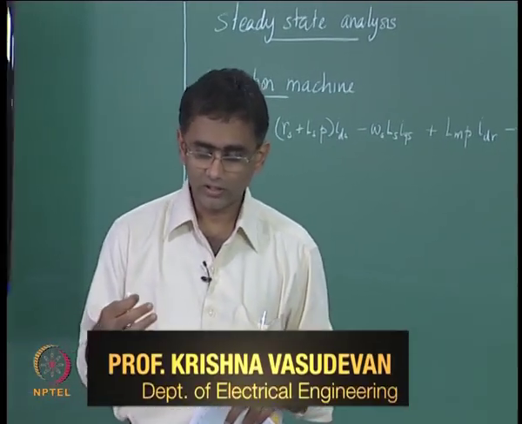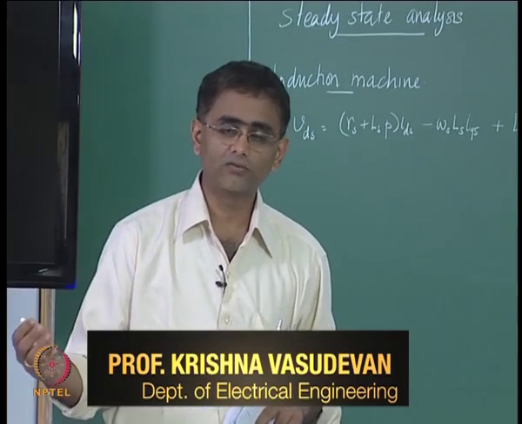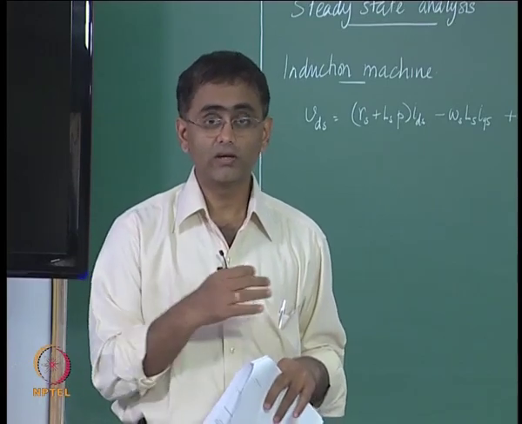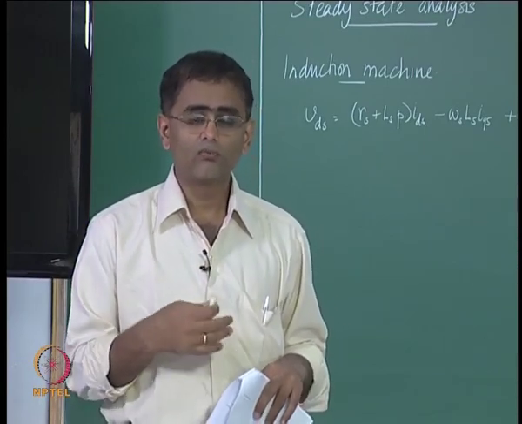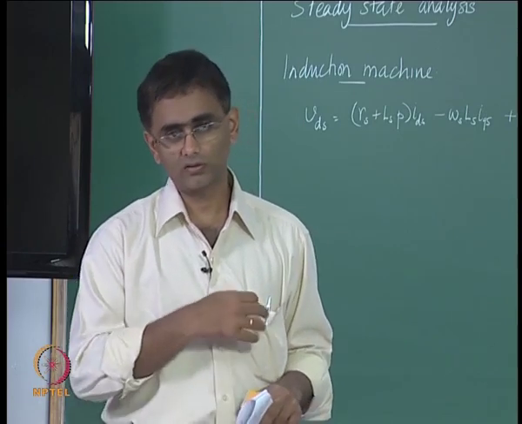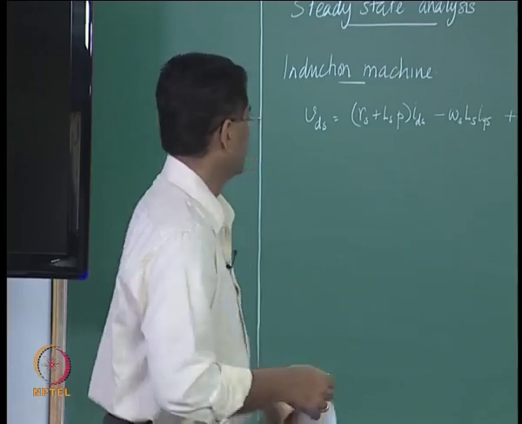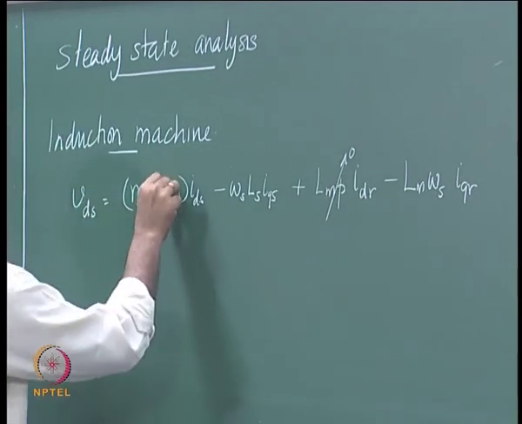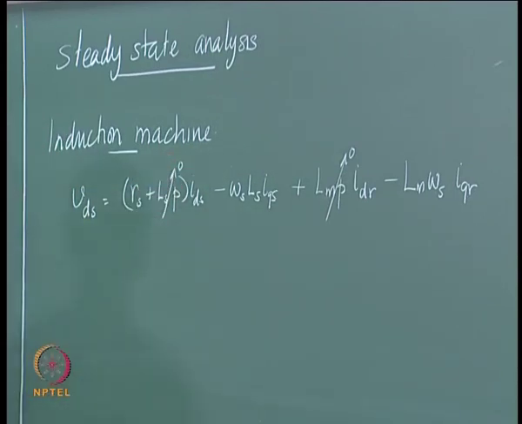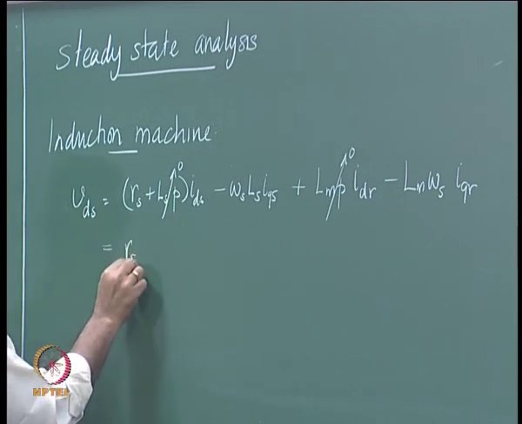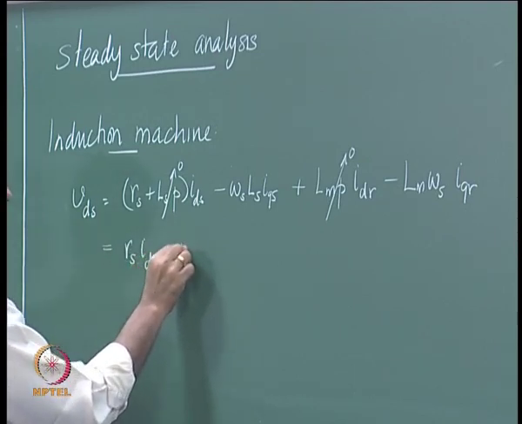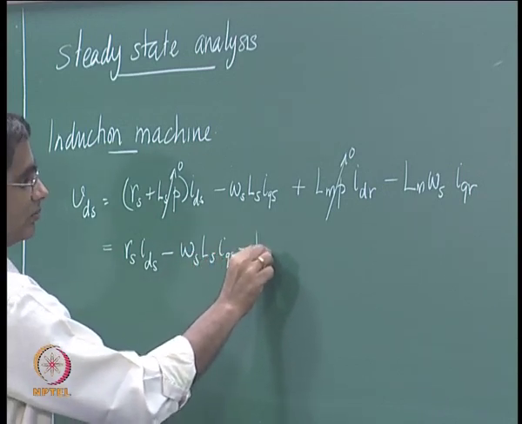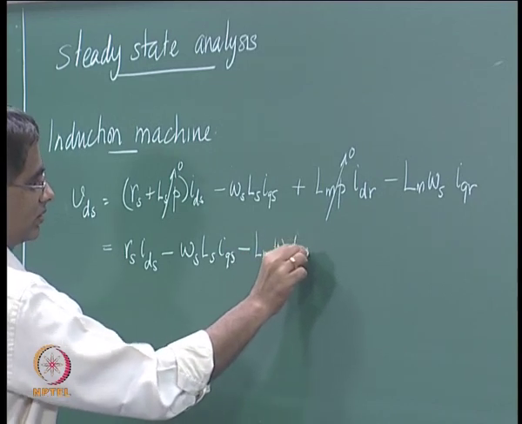An excitation, an AC voltage applied to the stator at 50 hertz, say, in the synchronous frame looks like a DC term, and if one differentiates a DC term, the result is 0. Therefore these terms go to 0, and under steady state what you get is Rs Ids minus omega s Ls into Iqs minus Lm omega s into Iqr.